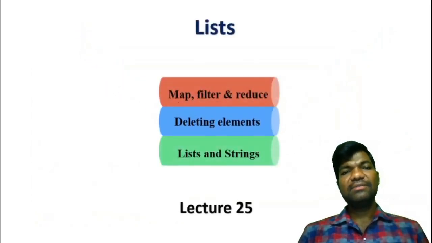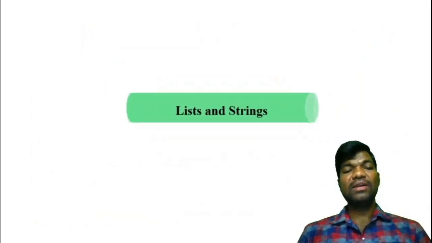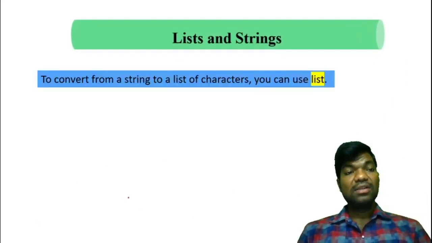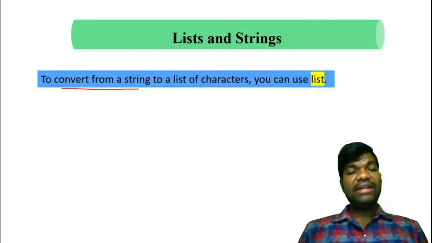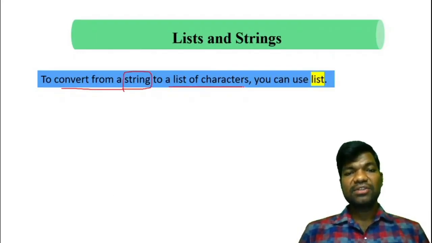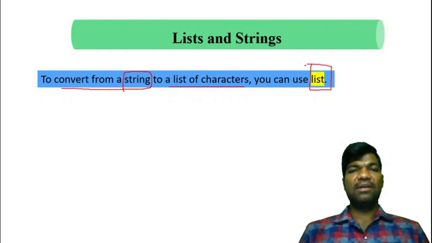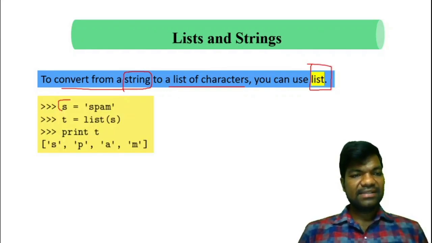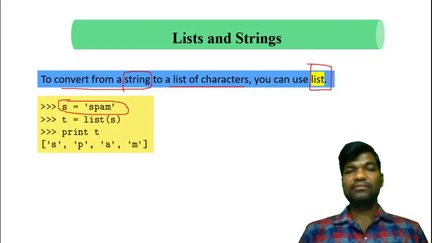That's the concept. Now coming to the last one, lists and strings. Here we are converting a string into a list of characters by using the list command. Let's check one example. S is a string, spam.